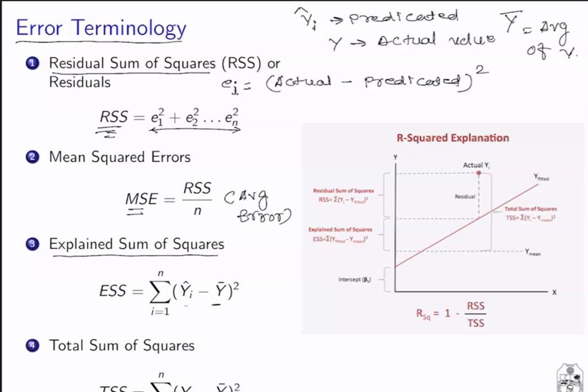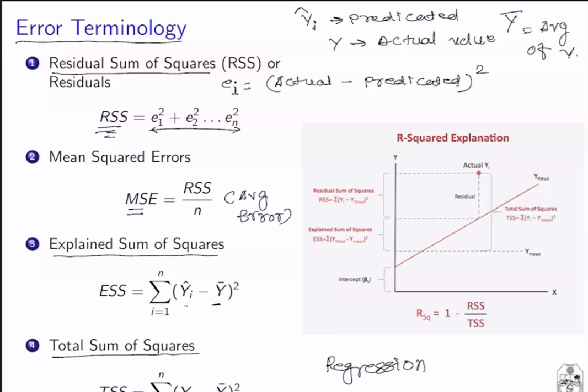The sum of the square of this difference is called the explained sum of squares. Then the fourth error term that is commonly used is called the total sum of squares, and it is defined as the individual value of the output variable y minus its average value. When you take the square of this term and add them together, that becomes the total sum of squares. All these error terms are defined in the context of the regression problem.